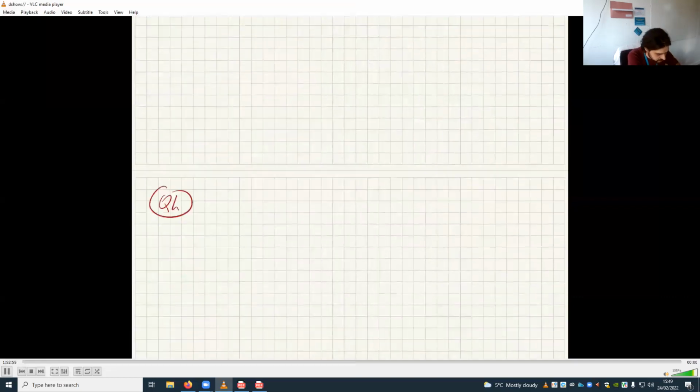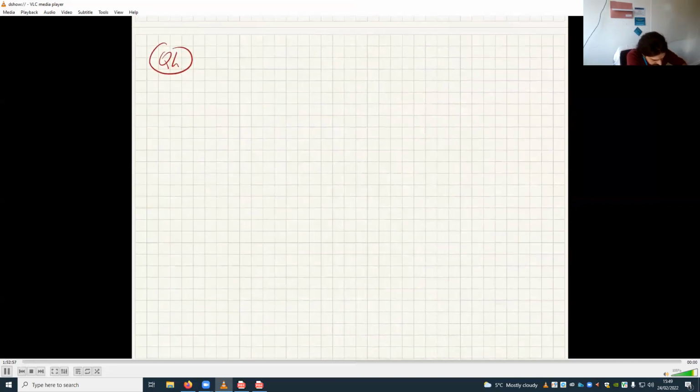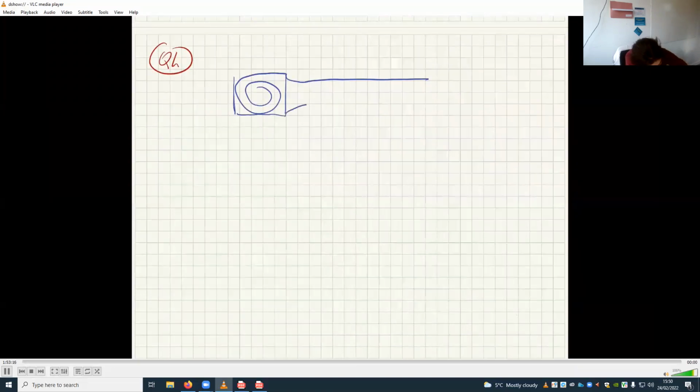So let me draw. This is the pipe. So we have a compressor. Let me see if I can draw it nicely. There you go. That's a compressor, and there's the pipe attached. And this thing is vibrating a lot.